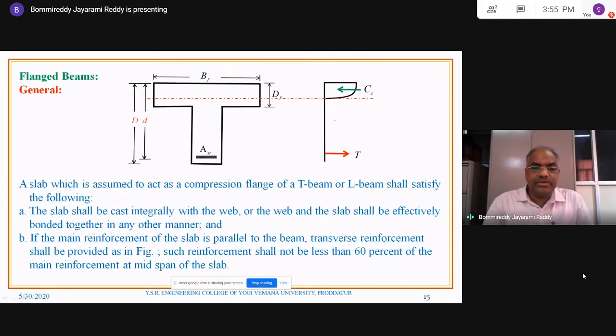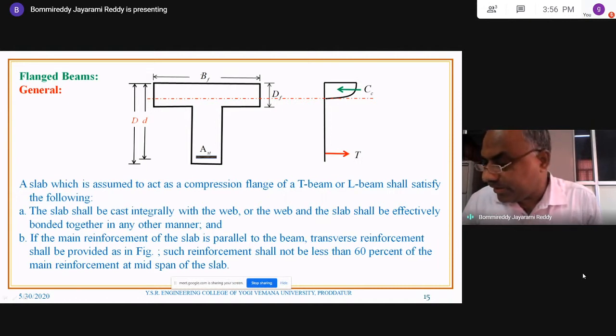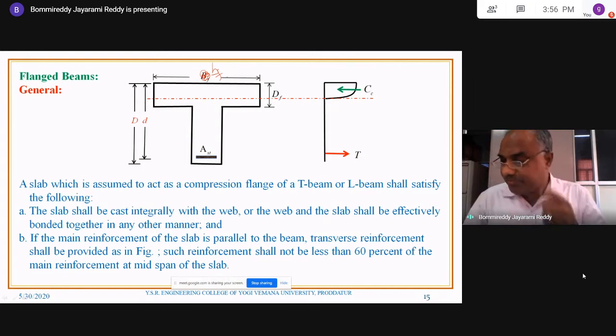Now let us go for it in general. Why are flanged beams required? Already I told you, to improve the compression resistance of the concrete. The concrete area will be increased on the compression face by providing a compression flange. The nomenclature for this will be small bf, where bf means width of the flange.